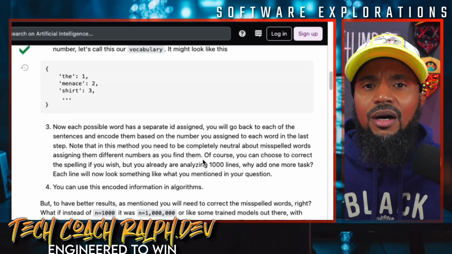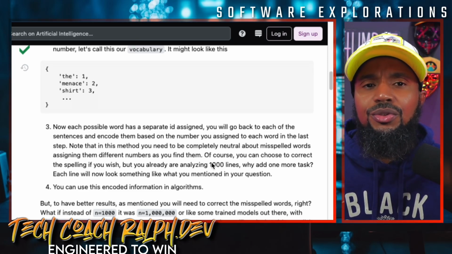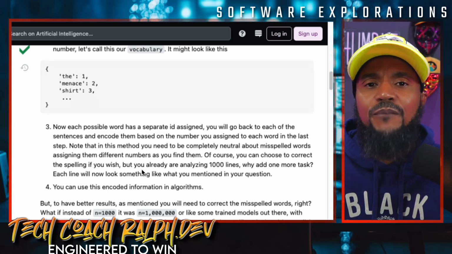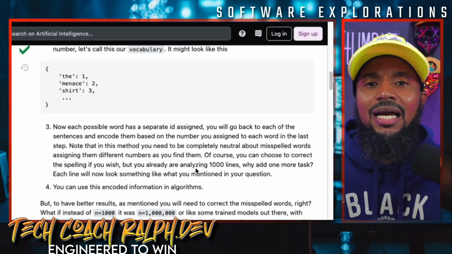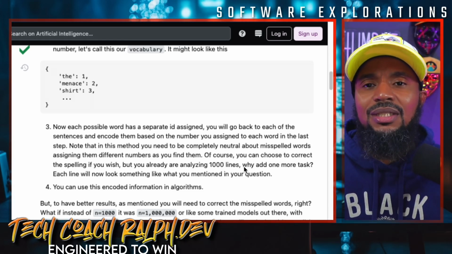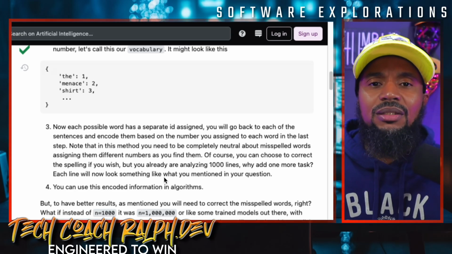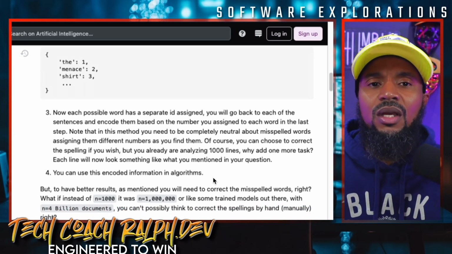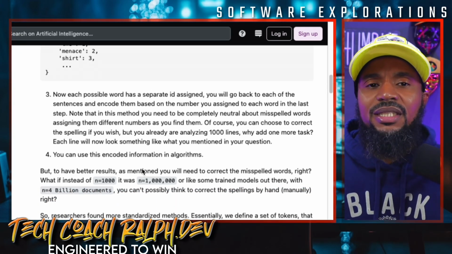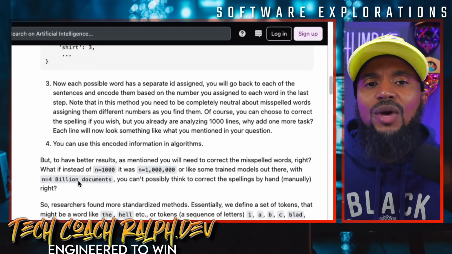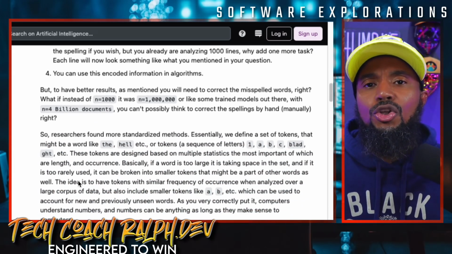It says, of course, you can choose to correct the spelling if you wish, but you are already analyzing 1,000 lines. Why add one more task? Each line will now look something like what you mentioned in your question. You can use this encoded information in algorithms, but to have better results, as mentioned, you will need to correct the misspelled words, right?